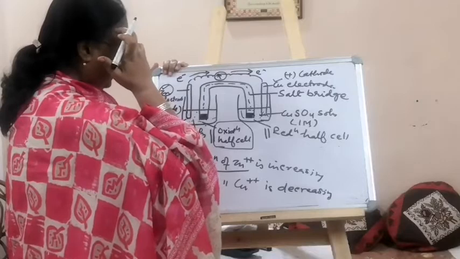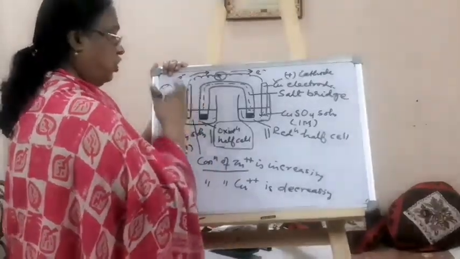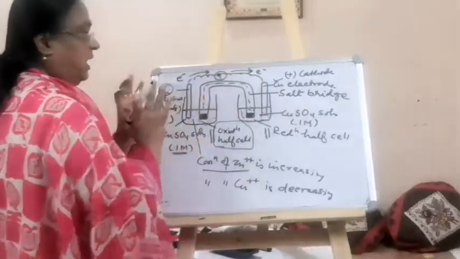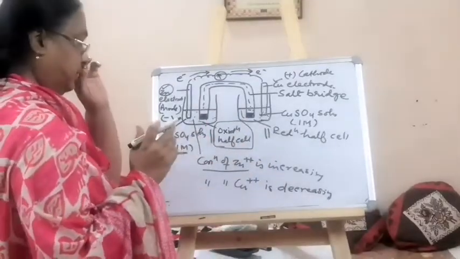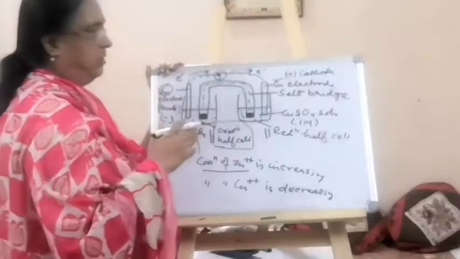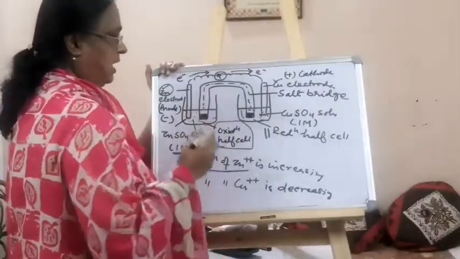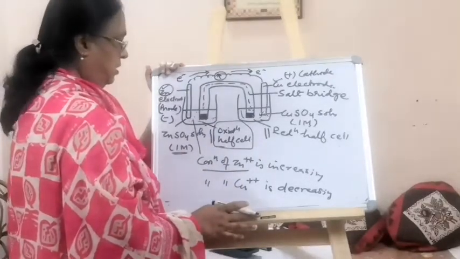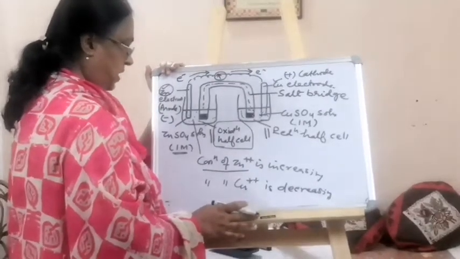So there will be imbalance and neutrality will be disturbed. What will happen? The reaction will stop, electron loss and gain will not be balanced, and the cell will not work after some time.